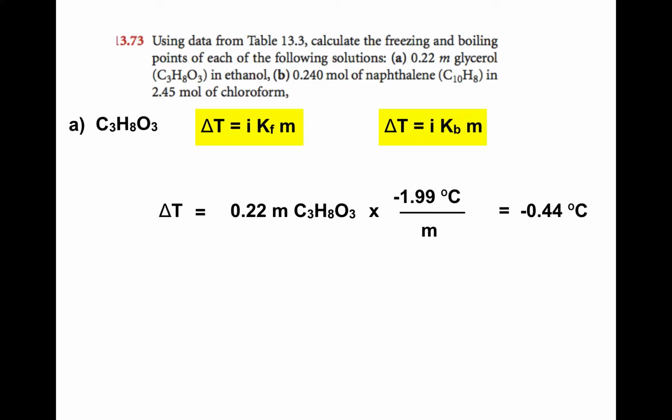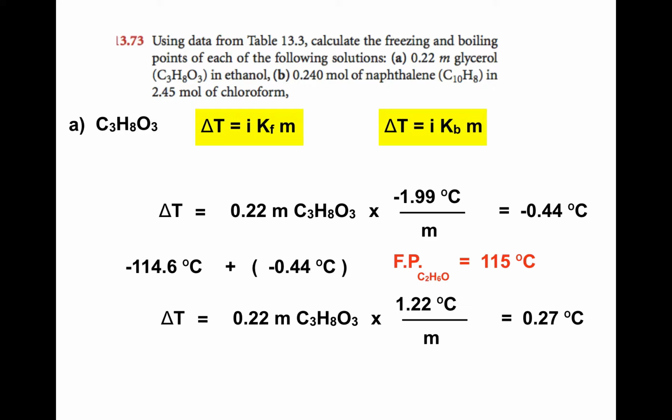The Van't Hoff factor here is 1. And you get the change in freezing point, right? We take that change in freezing point and subtract it from the normal freezing point. It's freezing point depression, so it's going to freeze at a lower temperature.